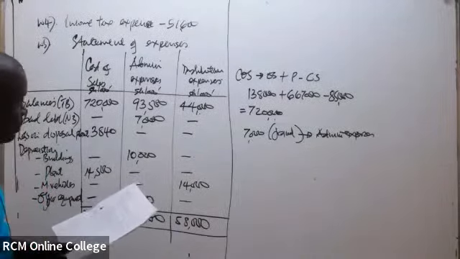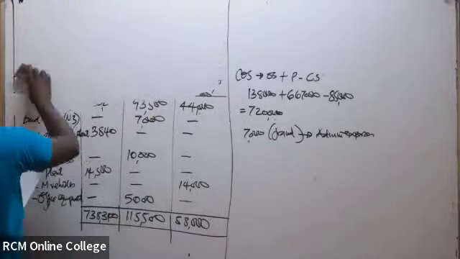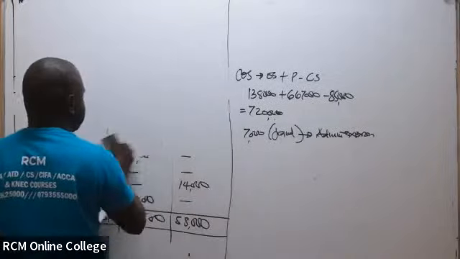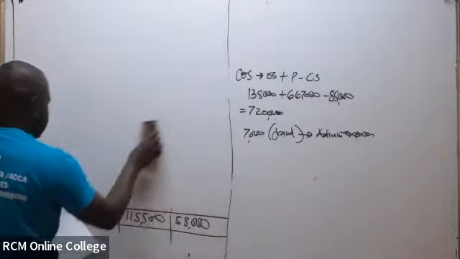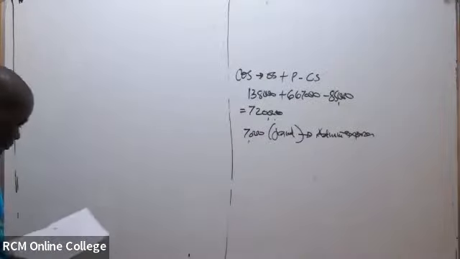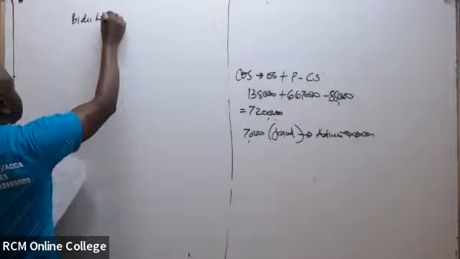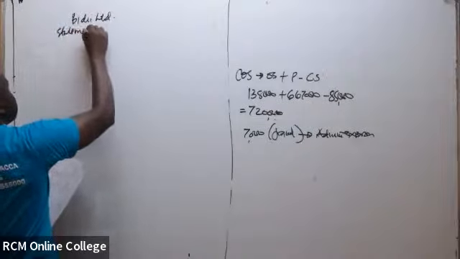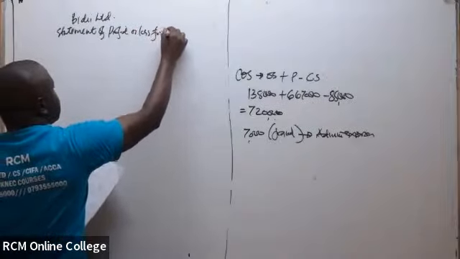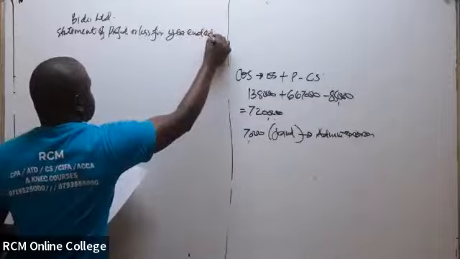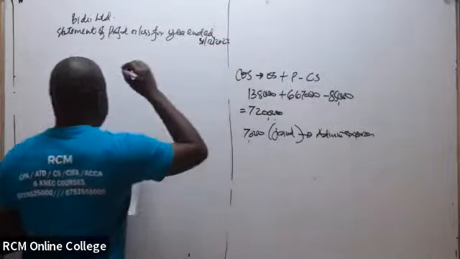So BD Limited statement of profit or loss, year ended 31st of December 2022.